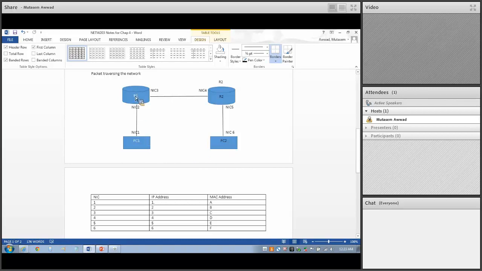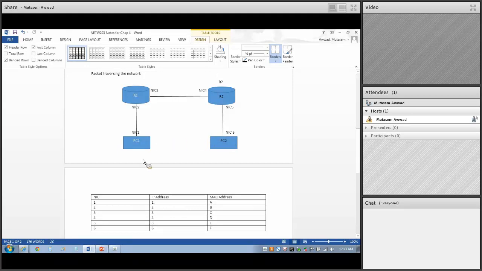PC1 is directly connected to router 1, and PC2 is connected to router 2. This is a NIC right here on this PC. This is a NIC on the router, NIC 2, and there's another NIC on the other side of router 1. This is NIC 4 on router 2, another NIC on this side, and another NIC for the PC. So these are NICs, Ethernet NICs.